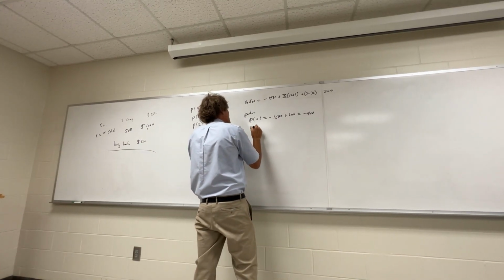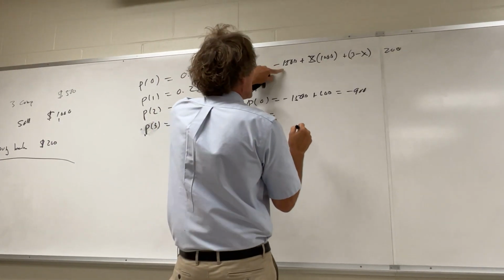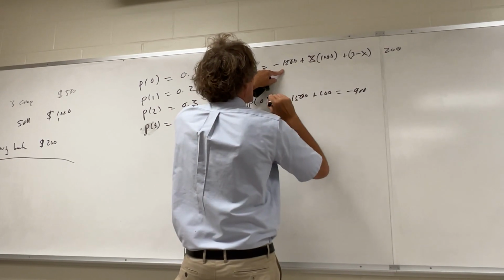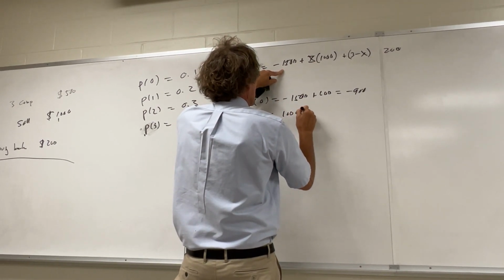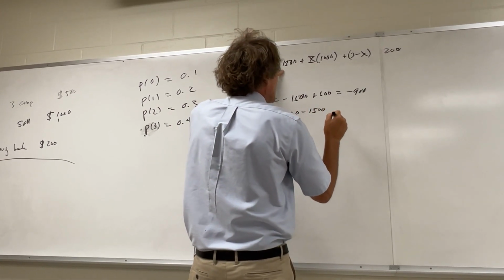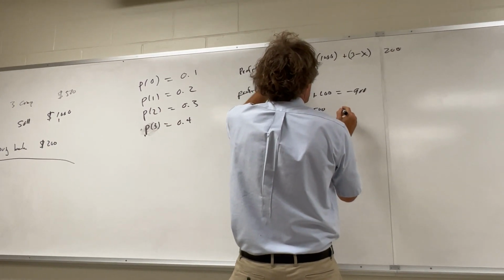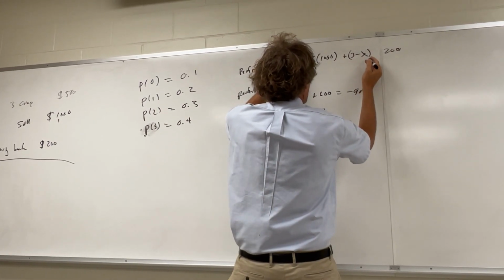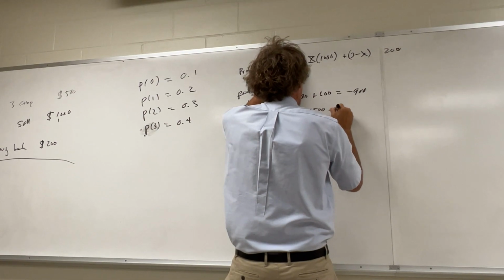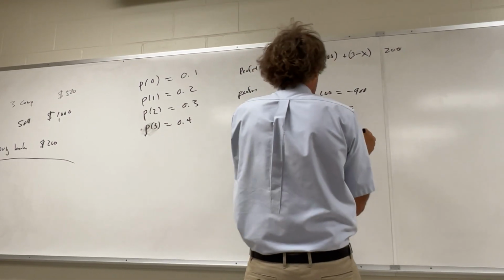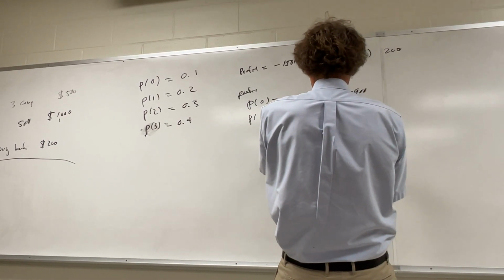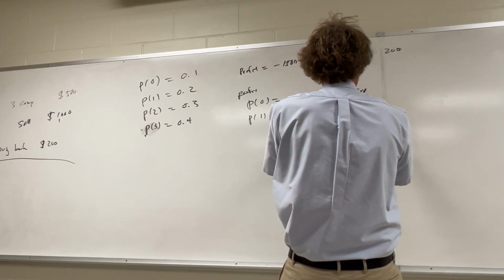So the profit from selling 1 is 1,000 minus 1,500, and then plus 400, since 3 minus 1 is 2. And that's minus $100, right?